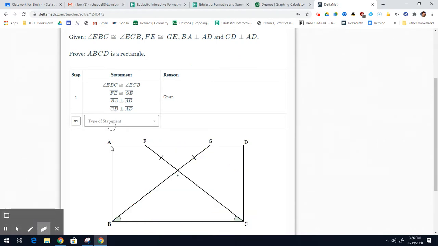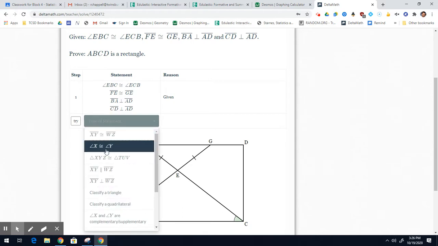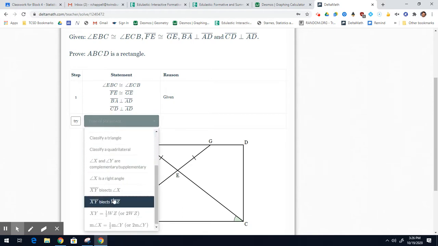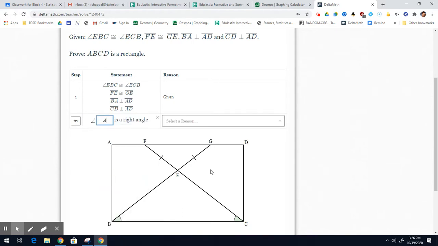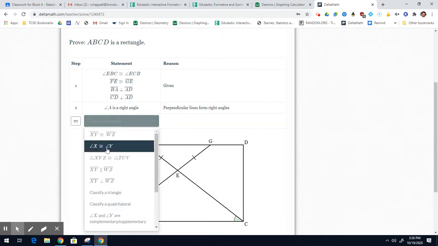All right. So again, a couple things from the given. Let's go with the right angles first to establish my two right angles. So here, because BA and AD are perpendicular, I know that angle A is a right angle. Let's start there. Perpendicular lines. I know that angle D is a right angle.